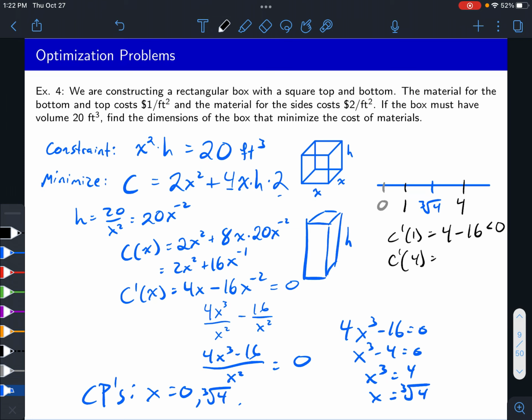C prime of 4 is going to be 4 times 4 minus 16 over 4 squared, which is 16. Okay, so this is going to be 16 minus 1, which is 15. So this is going to be positive.